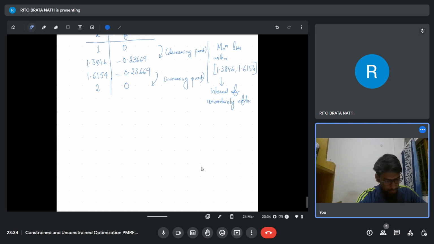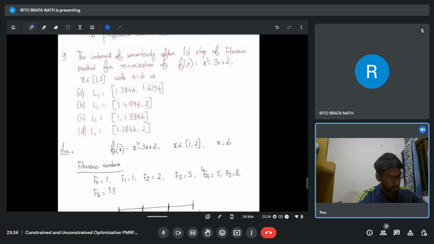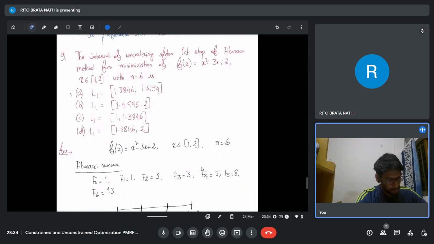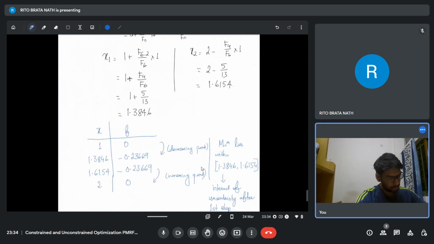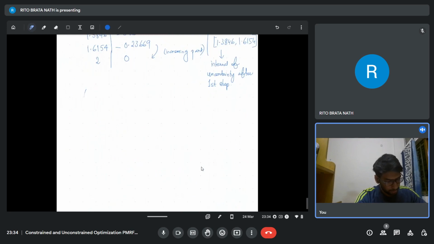Okay, so I hope this will be clear. Let me check which one is the correct answer. Option A is the correct answer here. So L1 is [1.3846, 1.6154]. Okay, that's all about the 9th problem.